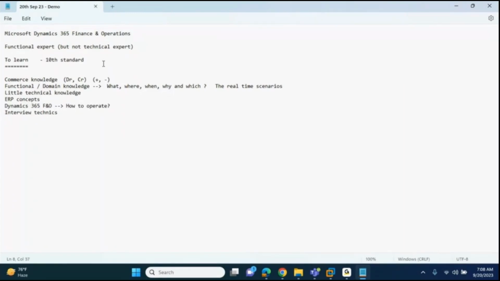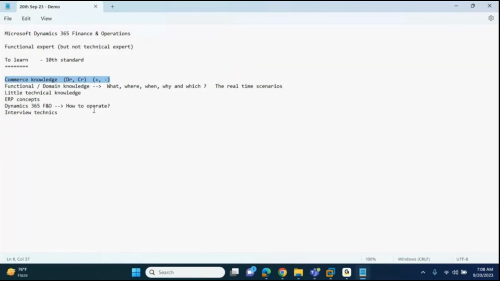Don't worry, if you don't know debit and credit, if you know plus and minus, that is enough. You know the difference between plus and minus. That is enough. I can teach you about this commerce. So, you are going to become a finance functional consultant, but not an accountant.